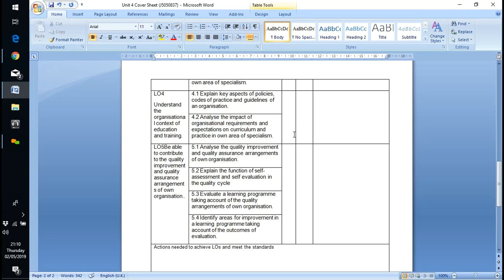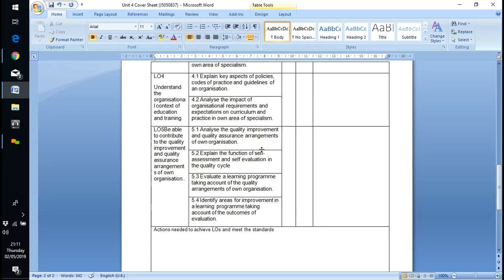I would say buy them a sandwich and get some information from them, because all the information you need will come from them. Because then the next bit, in L05, says analyse the quality improvement and quality assurance arrangements in your own organisation. So that's the person for basically 4 and into 5.